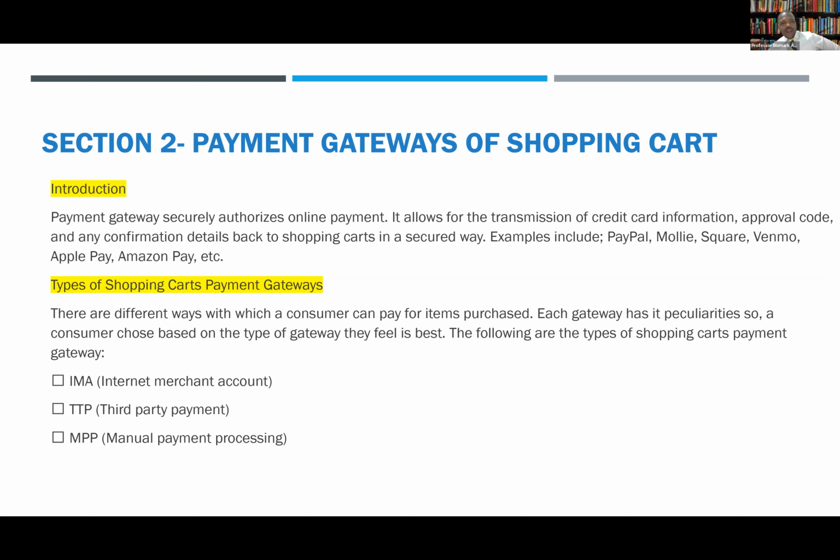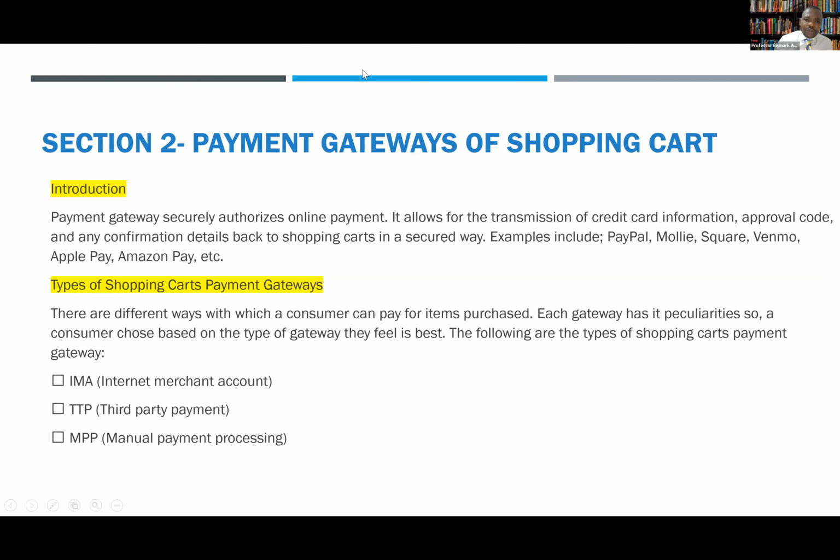So we have what we call IMA, which stands for Internet Merchant Account. We have something you've heard of before, TTP, third-party payment, and then MPP, manual payment processing, which, for example, is when the supplier gives you a call and you provide your payment information, and then they key that information in for processing.